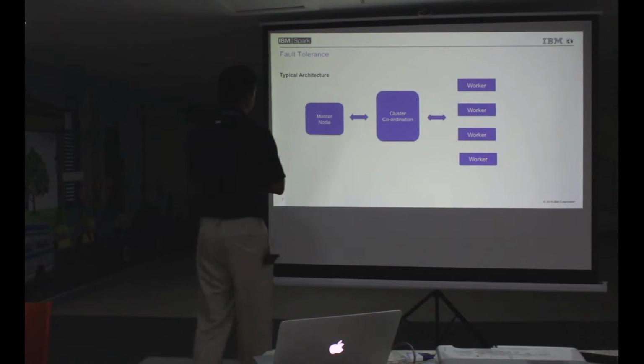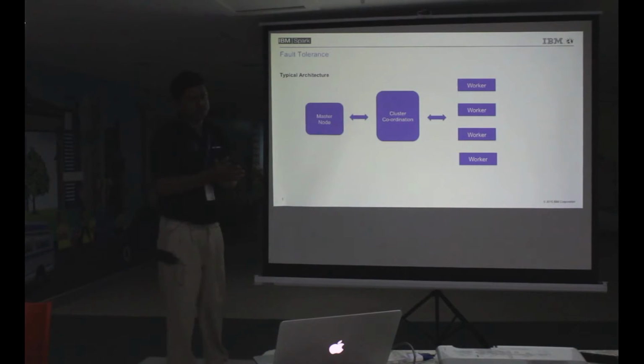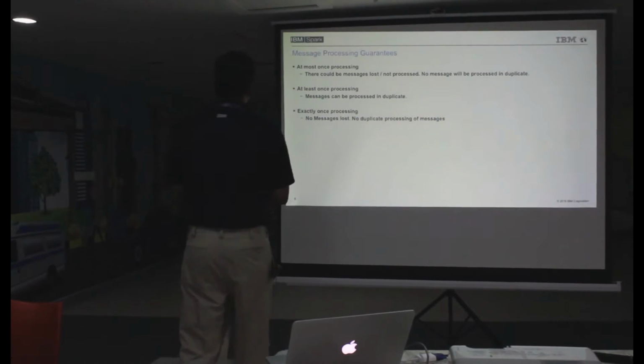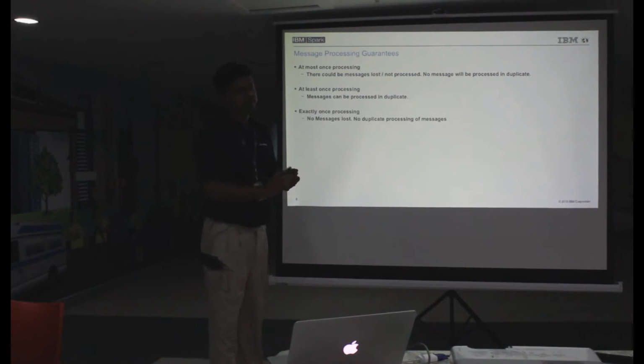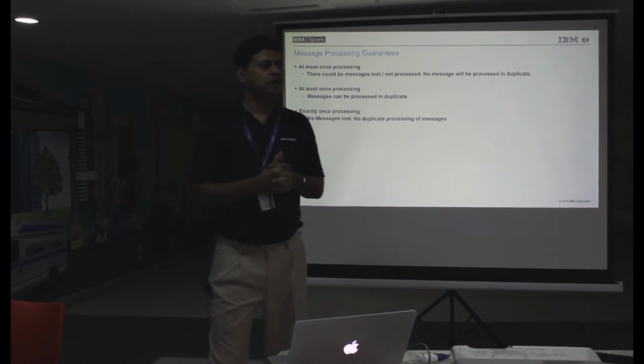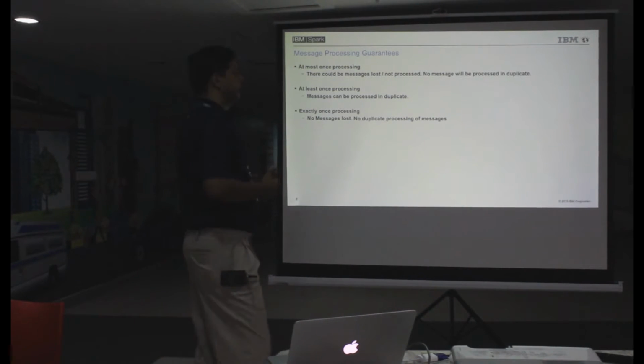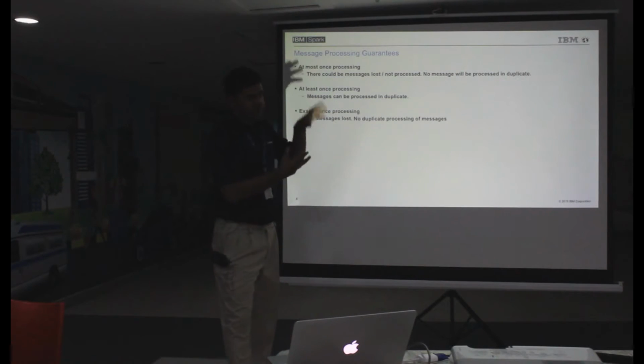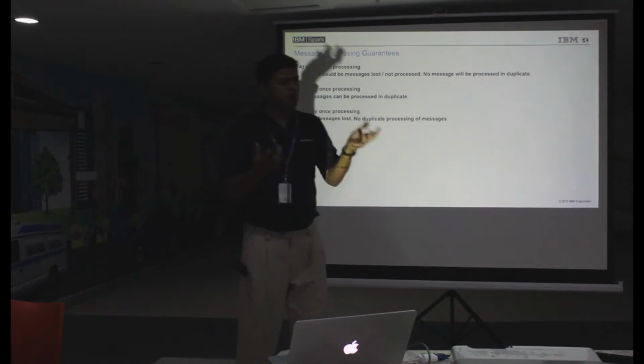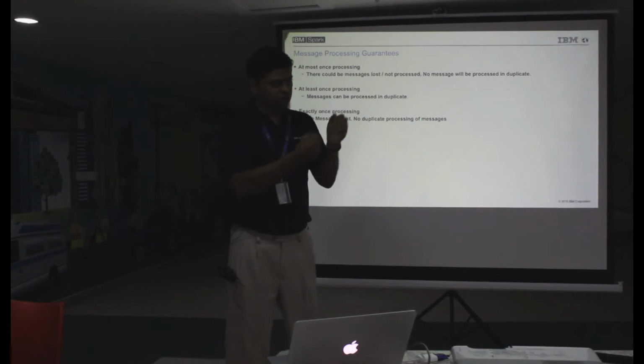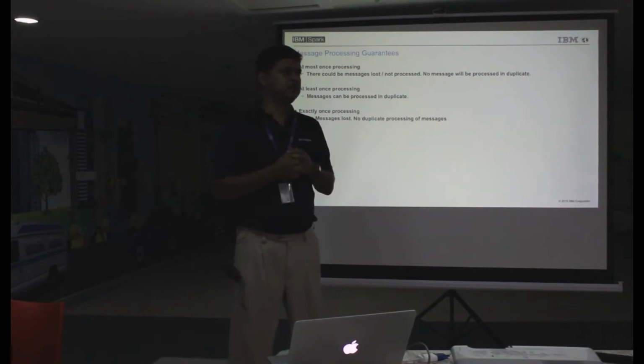The first thing I said is important for a streaming application is fault tolerance, meaning message processing guarantees. I think we talked about this two meetups ago, but I'll touch on it. You're getting a stream of data, and you want to ensure one thing: I don't want to lose data. I want to process every piece of data.